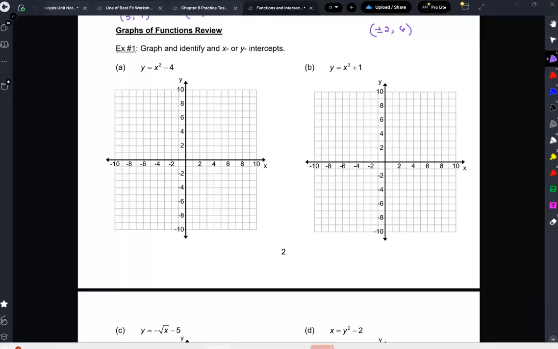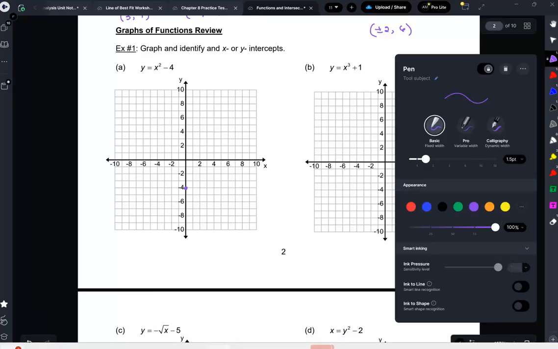The point is, by the time you get done with pre-calc or pre-calc honors, you are supposed to be able to be quick on your feet, graphing several different types of functions. And these are some of them. So x squared minus 4, this is a parabola, right? Vertical shift down. Now, we want the x and y intercepts.